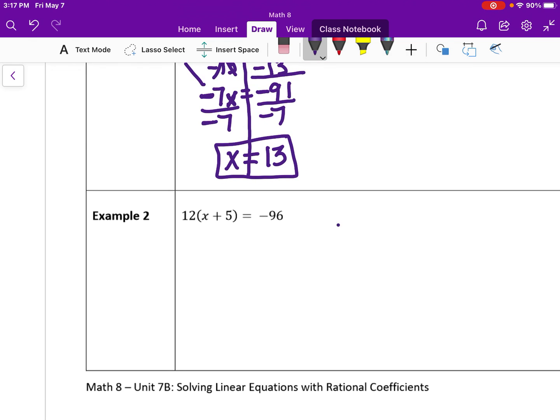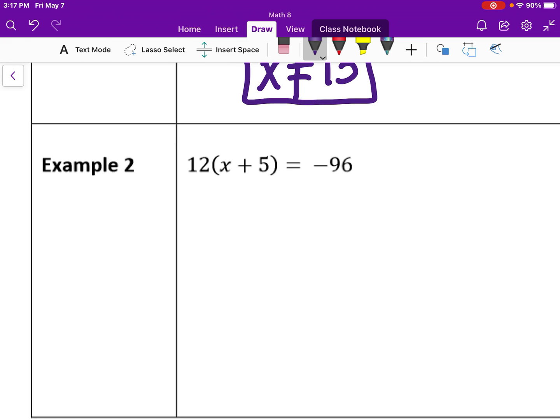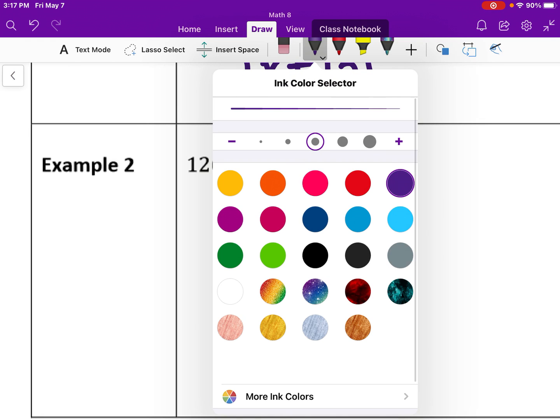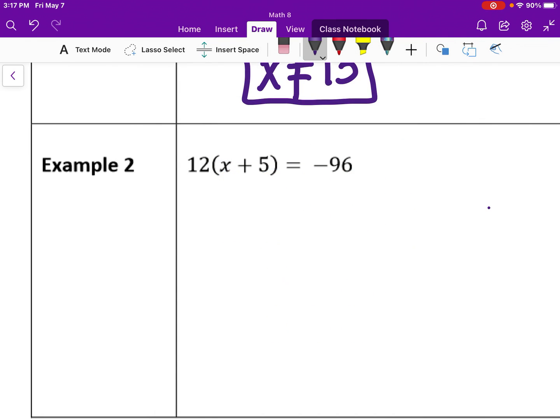All right, example number 2. I'm going to draw my line down my equal sign. Now before I can start combining like terms, I see I have parentheses. So we need to remember to do our distributive property.